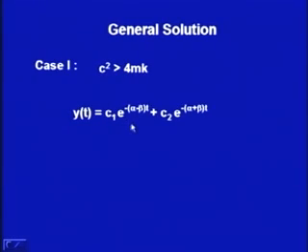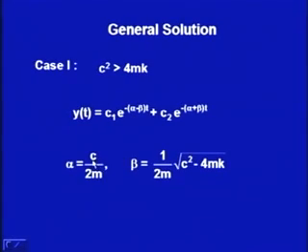Here alpha is c by 2m and beta is 1 by 2m square root of c square minus 4mk, where m is the mass, c is the damping coefficient and k is the spring constant. Now, for different values of c, m and k such that c square minus 4mk is positive, we will get different roots, and if I give some initial conditions, we get a particular solution. So, we will discuss these cases one by one.